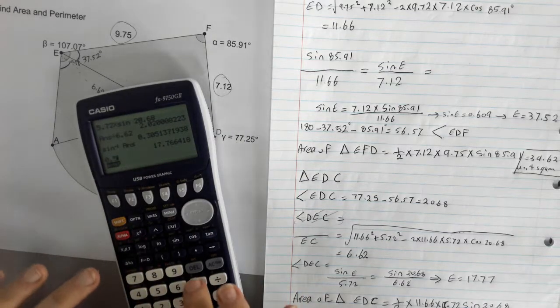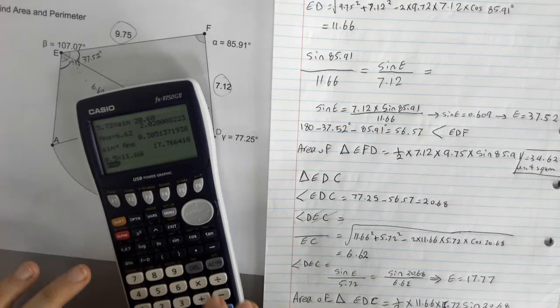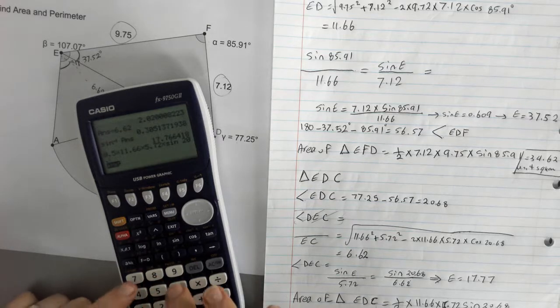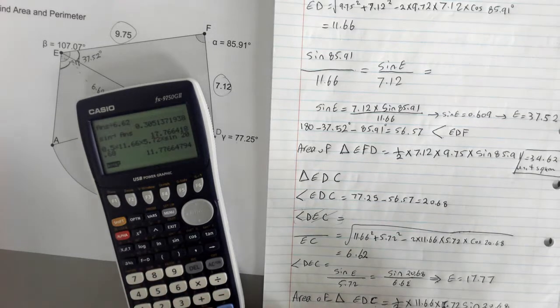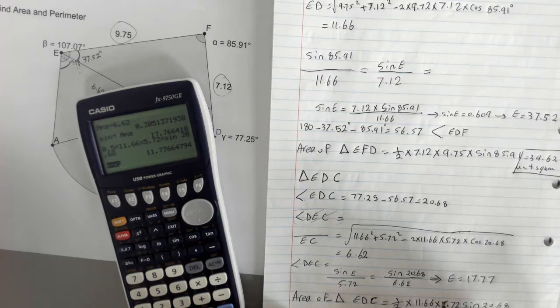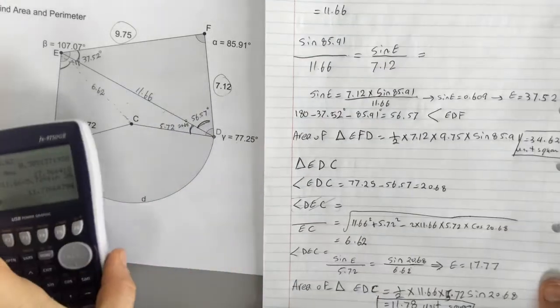So 0.5 times 11.66 times 5.72 times sine 20.68, and that gives me the answer of 11.78 units squared. You've noticed that I'm putting in triangles, so I remember that I need to add all of that after.